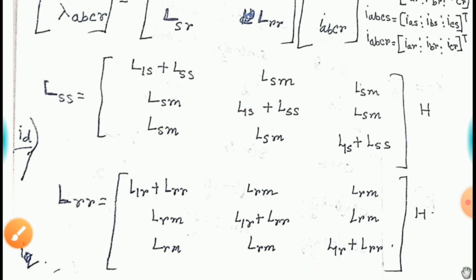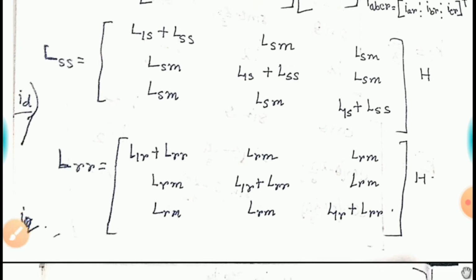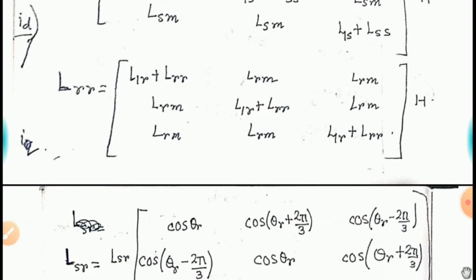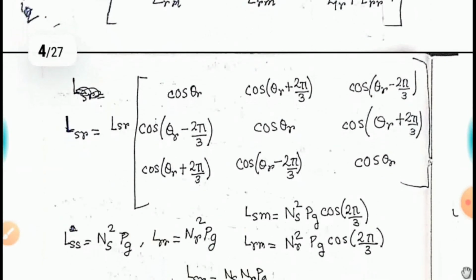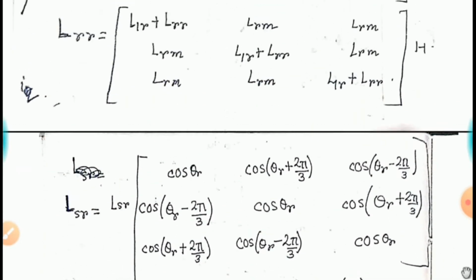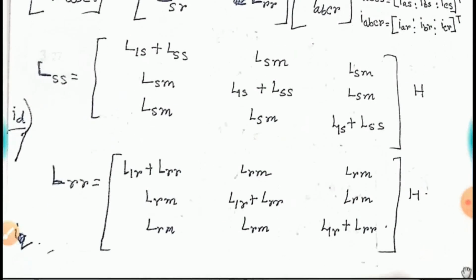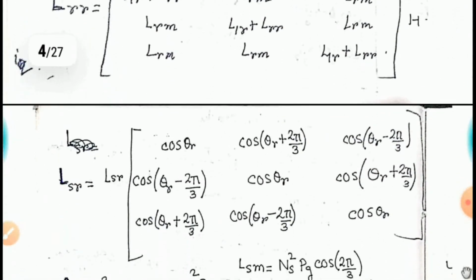Now see here this LRR, we have got this. Now see the LSR. Here you can see this LSR is a matrix that is dependent on theta, and that is quite obvious, because the stator flux linkage will obviously depend on this LSR, which relates stator and rotor.